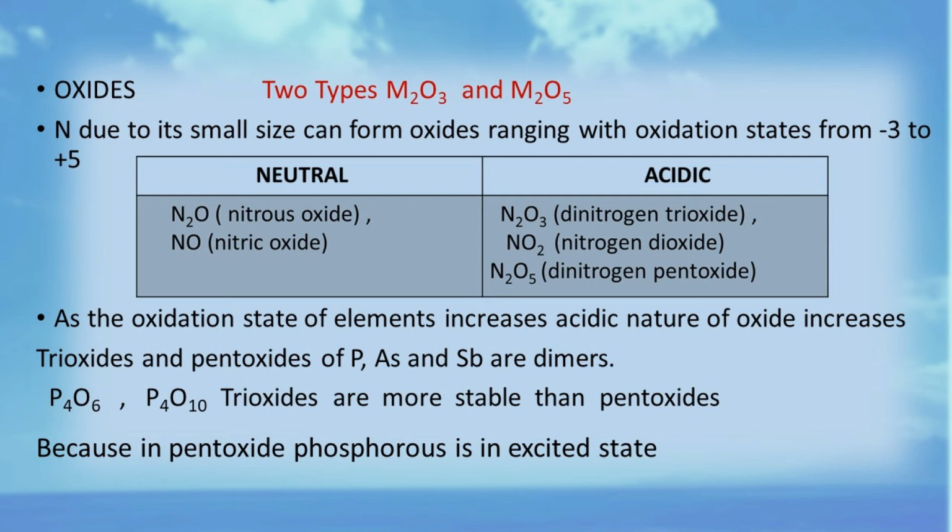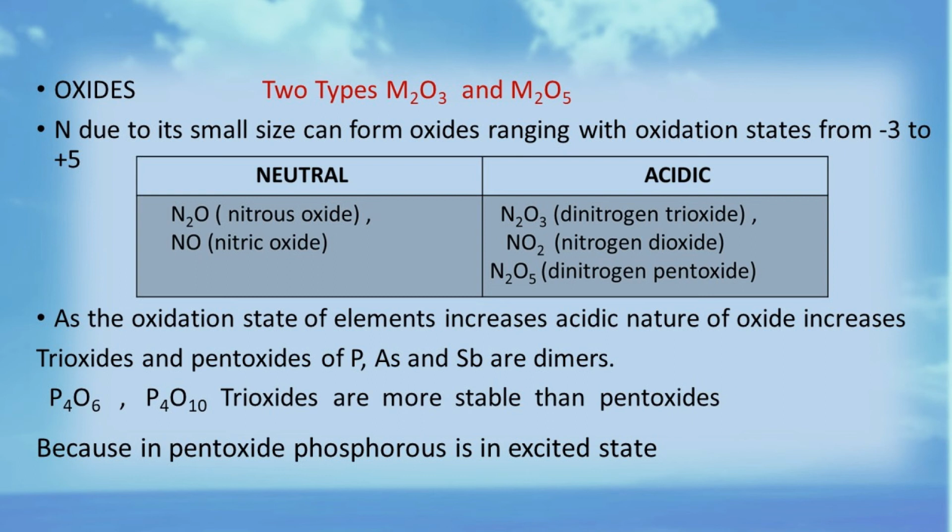Phosphorus, arsenic and antimony form two types of oxide, that is trioxides and pentoxides. Among these, trioxides are more stable than pentoxides. Why are trioxides more stable than pentoxides?